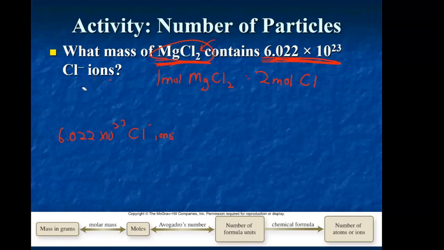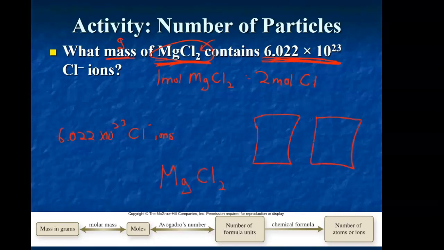Okay, and we're gonna go to mass. Remember, mass is grams. Whenever we see the word grams, in our brains we need to think periodic table. So I'm gonna make a periodic table for us. Here's Mg, and here's Cl. Cl says 35.45. Mg 24.31.